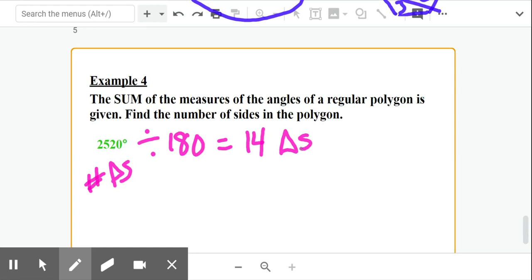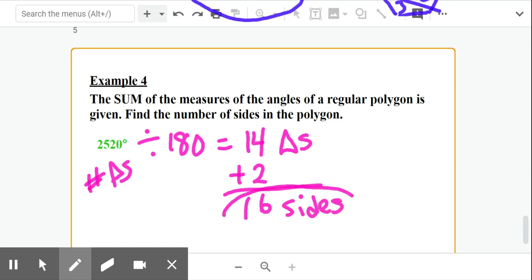And remember that the number of sides is always 2 more than the number of triangles. So I have to add 2 on, and that gives me 16, which means this is a 16-sided figure. So once again, the number of triangles plus 2 is going to give me the number of sides.